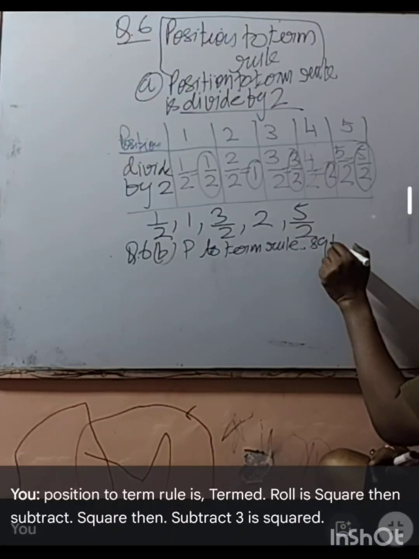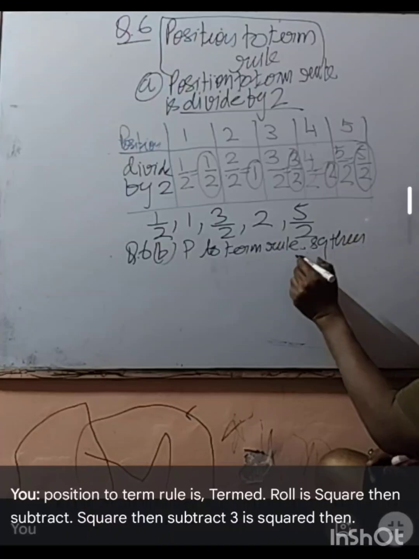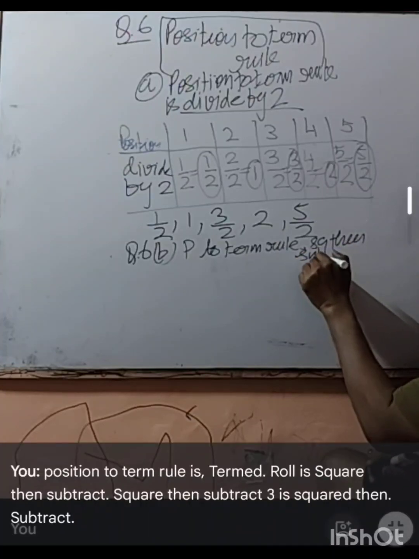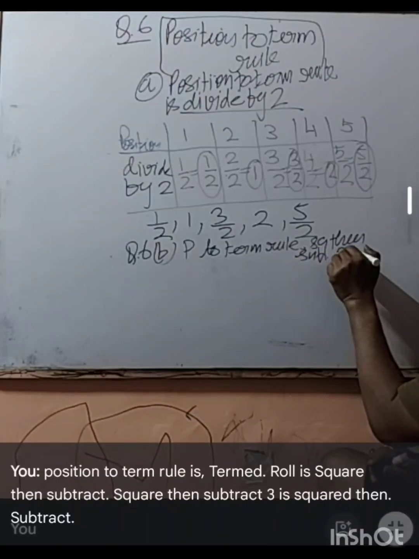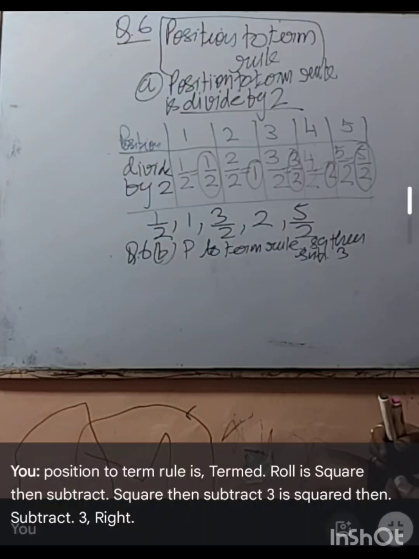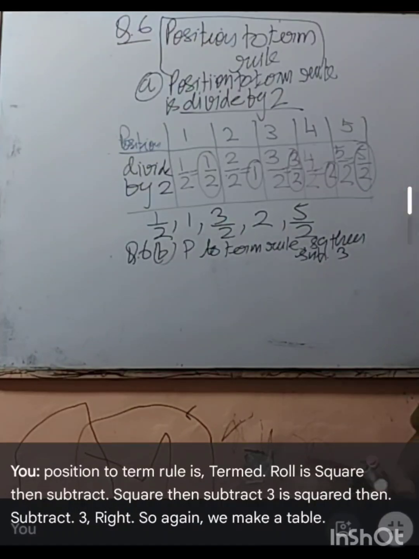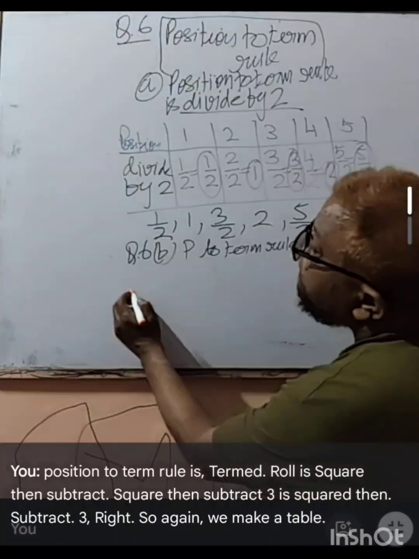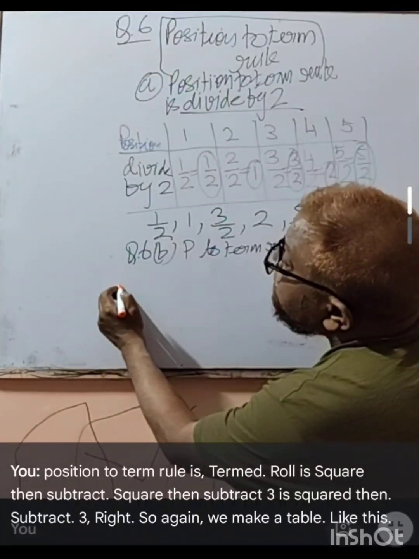Square then subtract 3. So again we make a table like this.